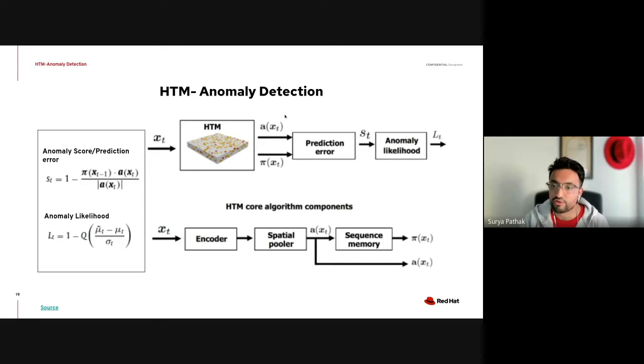Once the input reaches the HTM, the encoder converts the given input into a sparse distributed representation, and then it goes to the spatial pooler and sequence memory, and accordingly whatever it predicts, the prediction error, and then the anomaly likelihood. Based on the anomaly likelihood, we come to know whether the given data or the system has an anomaly or not.